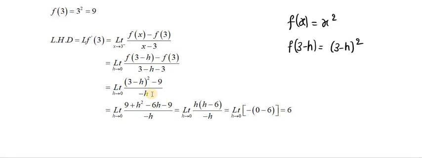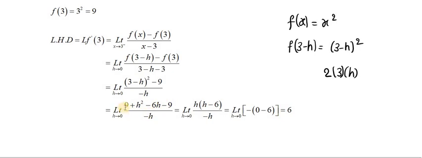Now, we are going to expand 3 minus h whole square by using the formula a minus b whole square: a square, that is 3 square, 9, plus b square, that means h square, minus 2ab. 2ab means 2 into 3 into h, that is 6h.